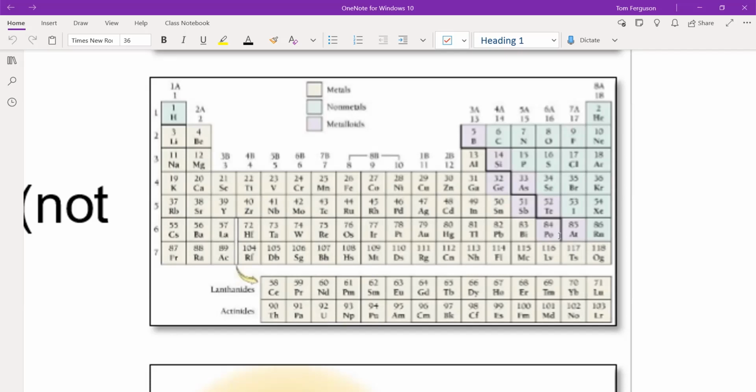Now, this is one of the enigmas of man-made materials. Plutonium's half-life is 10,000 years. It's one of the most deadly chemicals on Earth, and we make it all the time.